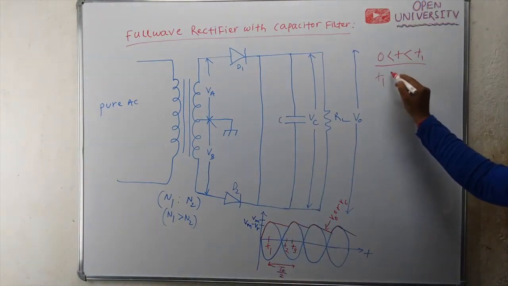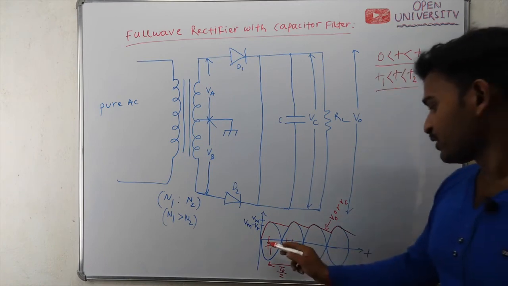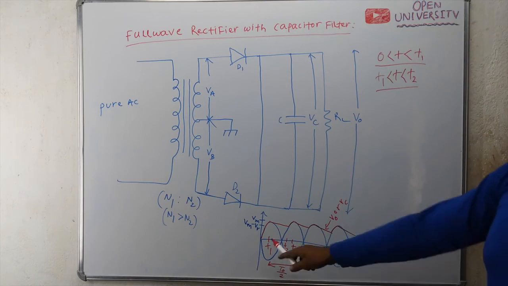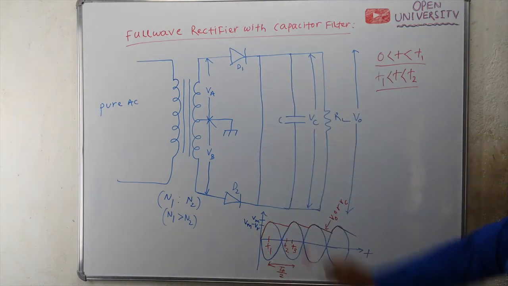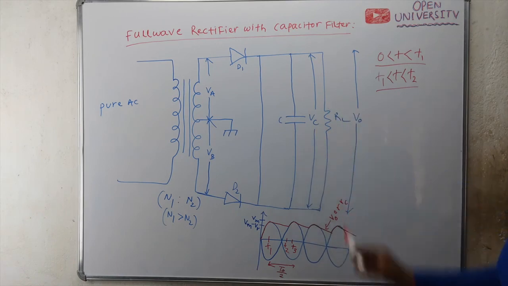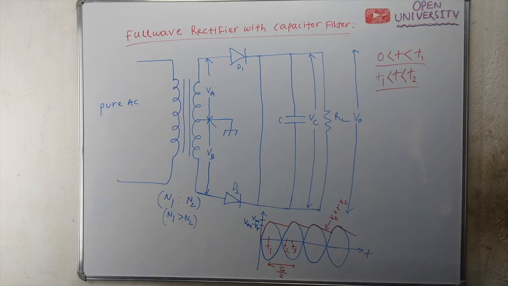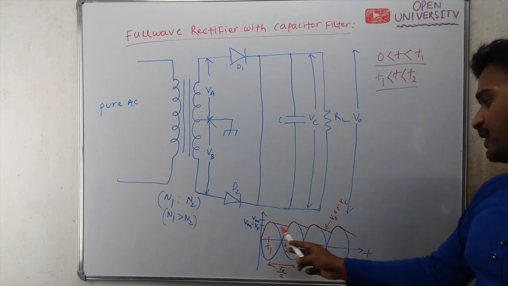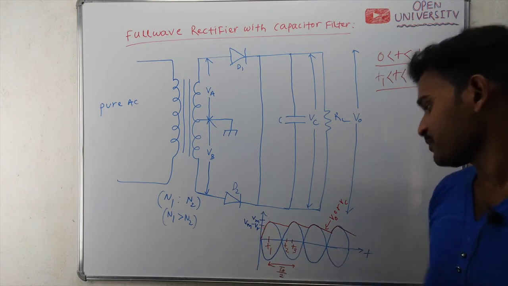When time is between t1 and t2, both diodes are open circuited, so the capacitor will discharge through RL by an amount VR. So at t2 the capacitor voltage, or output voltage, will become Vm minus VR.